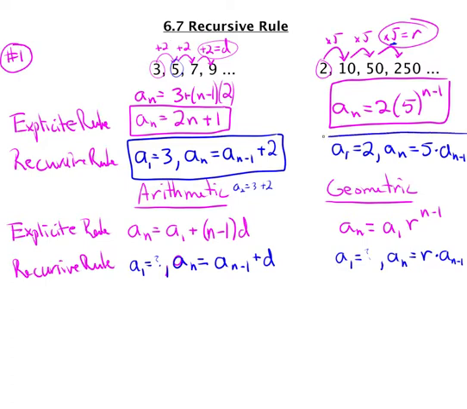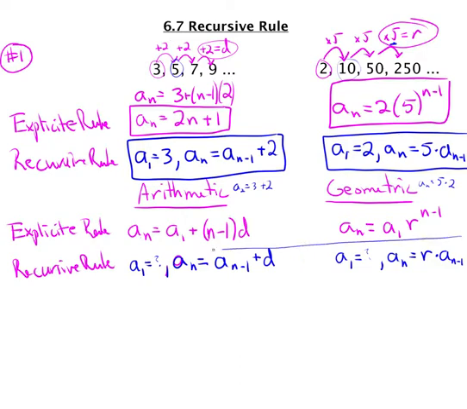So to find, say, the second term, a sub 2, we would take 5 times a sub 1, since 2 minus 1 is 1. So a sub 1 would be 2. So 5 times 2 is 10, and that would be our second term in our sequence.